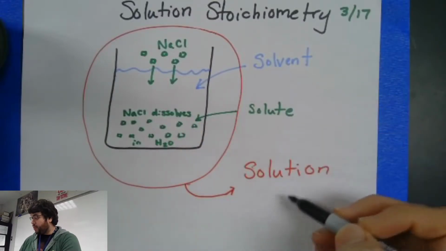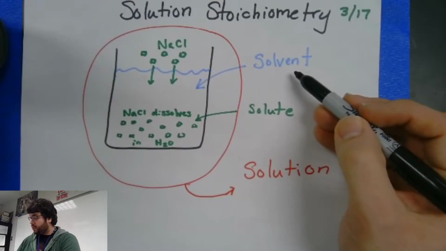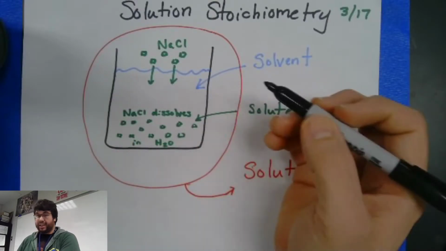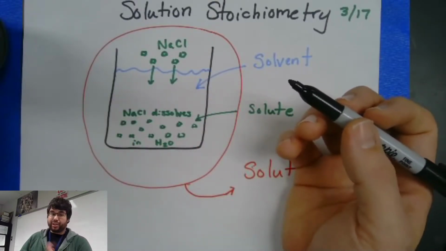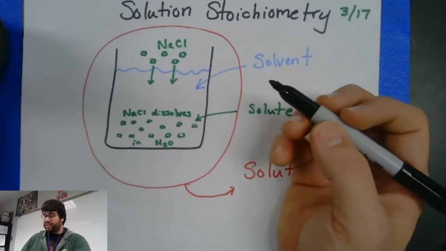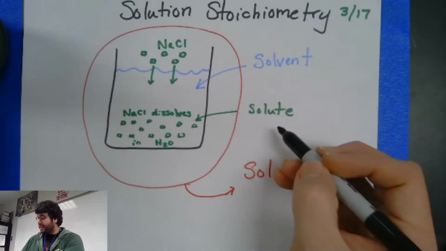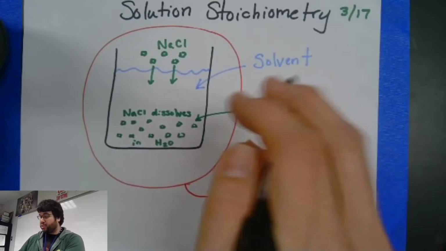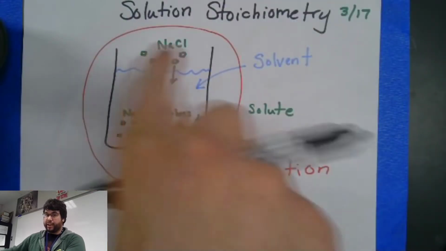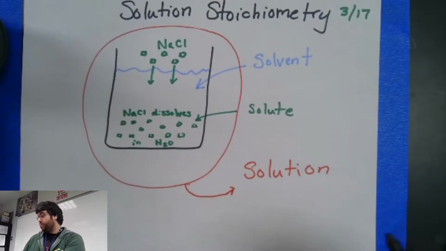And some new terms here. So solvent, a solvent is the stuff, the liquid stuff, in which a solute is dissolved. And the solute is, in this case, the salt. The salt goes into water and then we stir it and it dissolves.